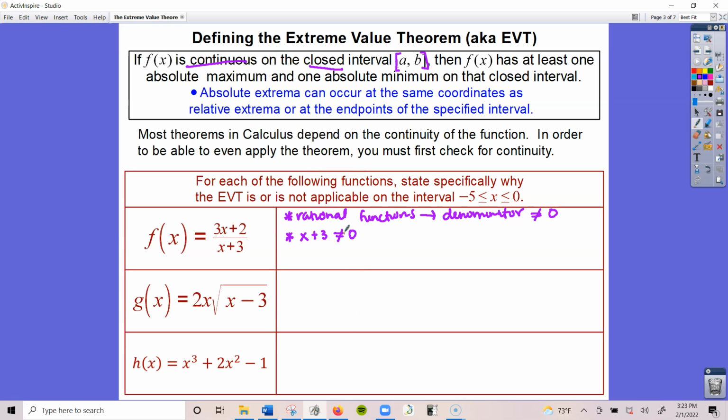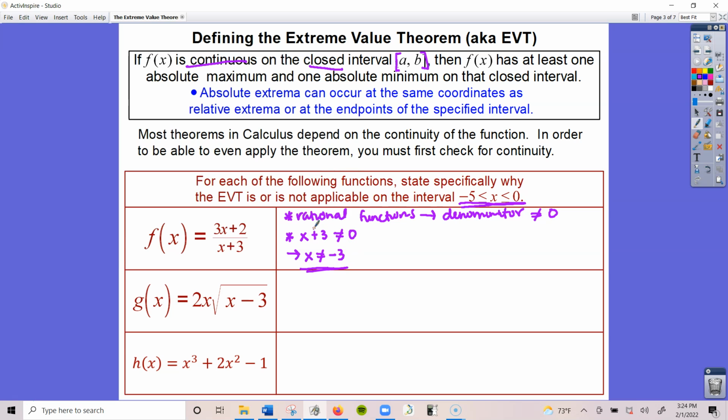If x + 3 cannot equal 0, and if I subtract the 3, I get that x cannot equal -3. If this number is on the interval that is specified, then the theorem is not applicable. -3 is between -5 and 0.